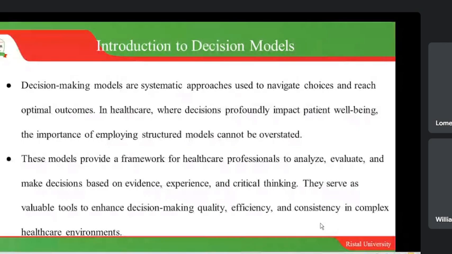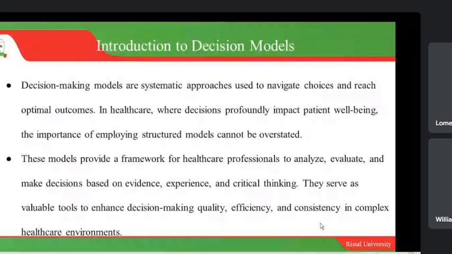to use structured models. These models are going to provide a framework for healthcare professionals. They are going to assist us to analyze, evaluate, and make decisions based on evidence. So we are not just making pronouncements out of the blue.